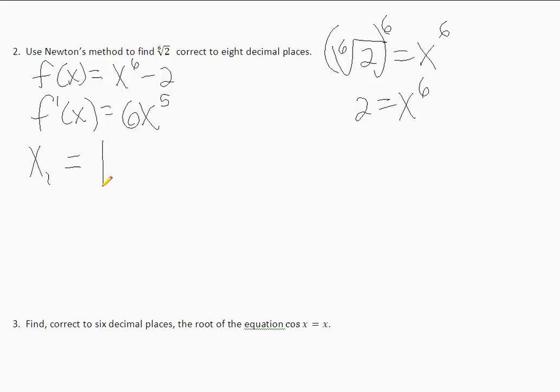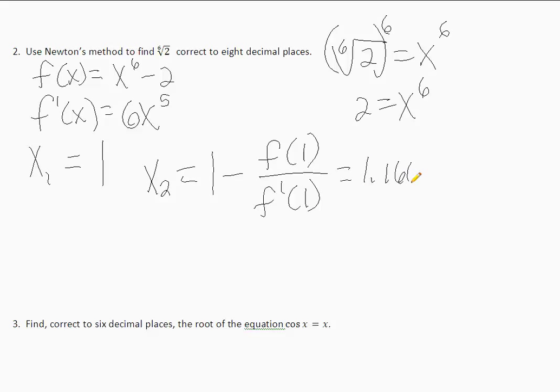Okay, now I'm going to go through and do the formula. So if x1 is 1, what would x2 be? x2 is 1 minus f of 1 over f prime of 1. So it's the previous value minus the function at 1 over the derivative at 1. And I should get 1.1666667.